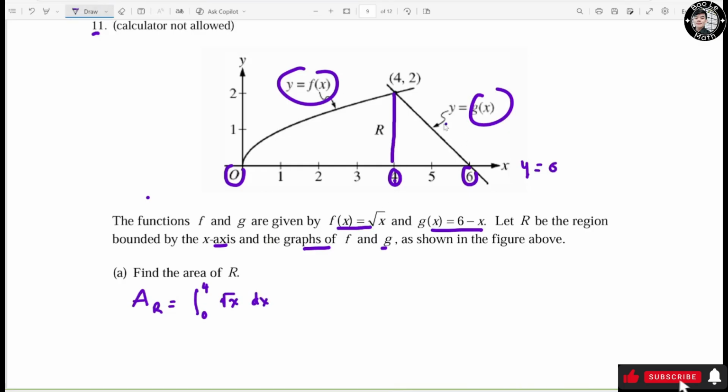To set up this one, this guy is actually a right triangle, so base equals 2 times height equals 2, so plus 2 times 2 divided by 2. So it's going to be 2 over 3 s to the power of 3 over 2 evaluated from 0 to 4, plus 2. So it's 22 over 3.